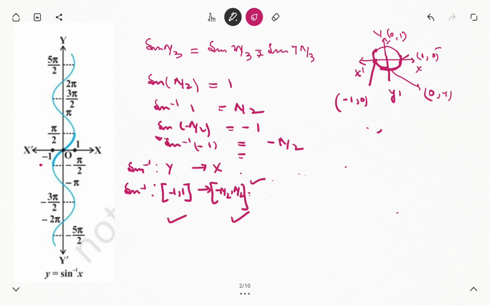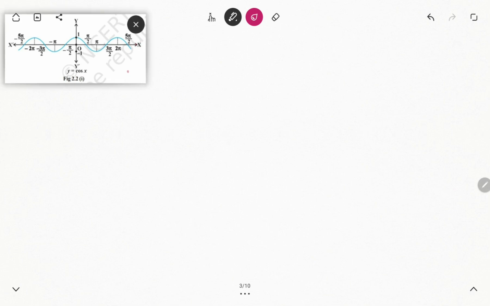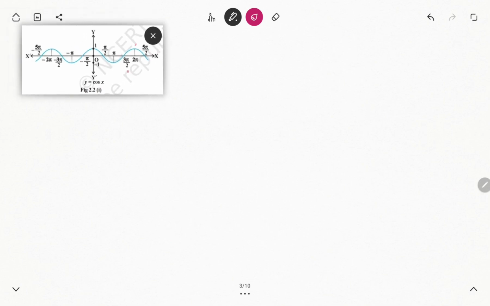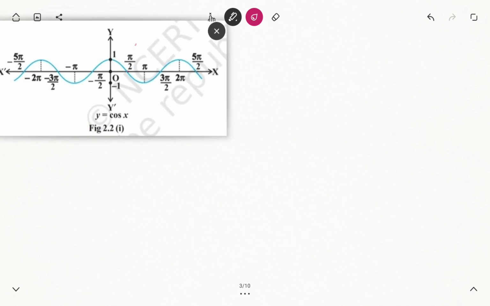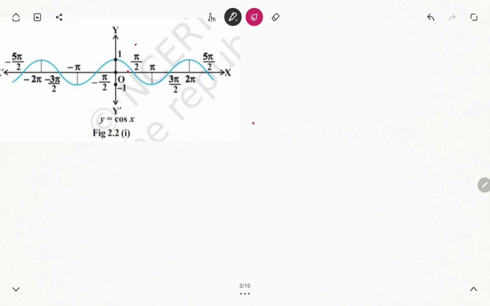Now next graph is cos of x. Now see why we are going to restrict the domain of cos function from 0 to pi. 0 to pi here. Why? All of set values.